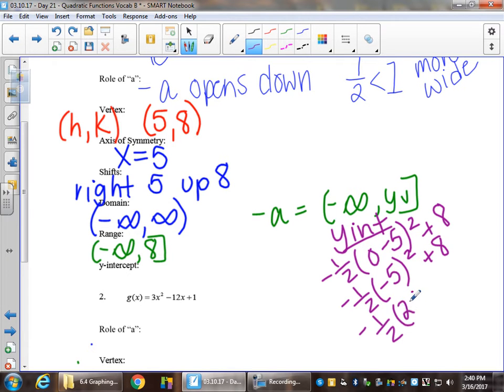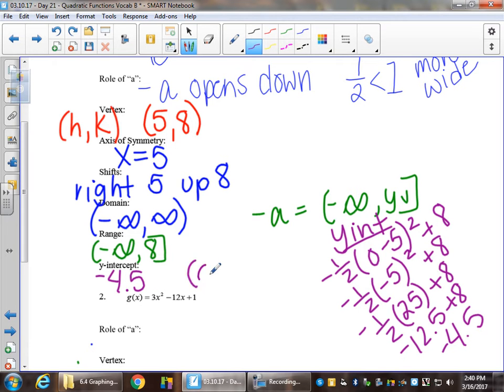Negative 5 squared gives you a positive 25. Therefore, our y-intercept is negative 4.5. If we were to write this as a point, it would be 0, negative 4.5. If we were going to graph our y-intercept, this is the point we would graph.